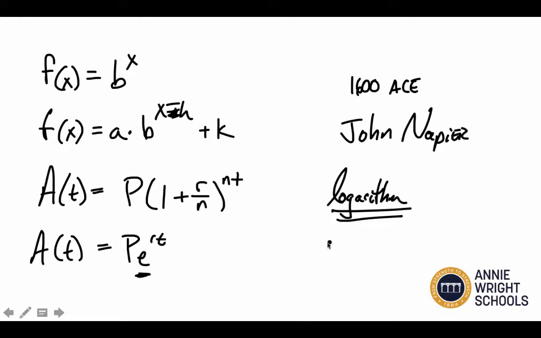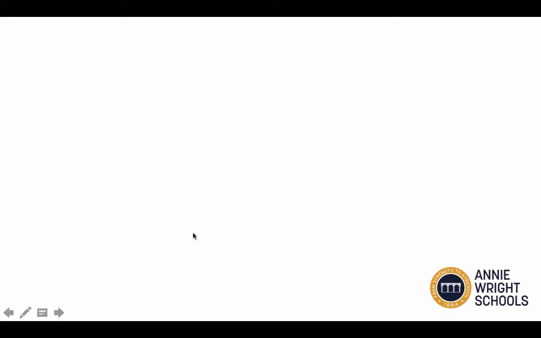What Euler noticed was that you could use a logarithm to rewrite an exponential equation. So let's clear the screen here. Here's what Euler figured out. If you take a number b and raise it to some unknown power, call that power smiley face, then you get some number, let's call it star.